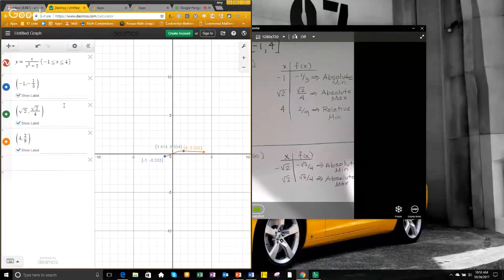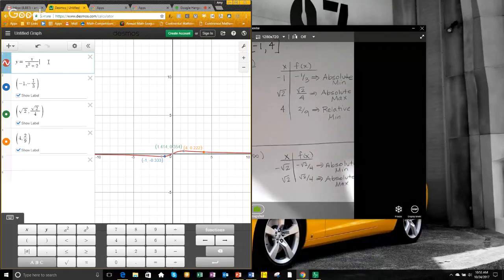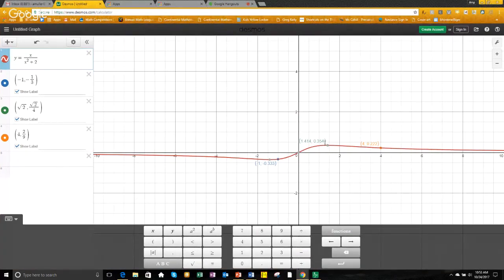And if we go back to our Desmos graph, where I am restricting here, and I take that off, and you see now where if I make this bigger, that this root 2 is absolutely the largest y value at 0.354.